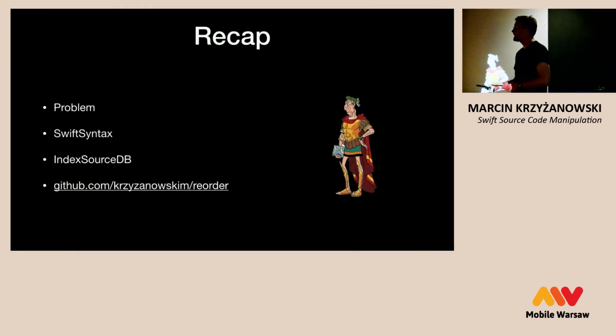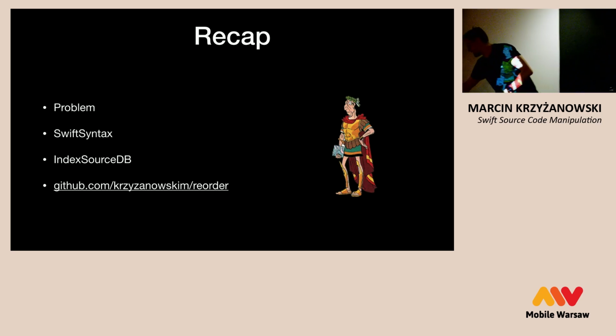All right, to recap, there was a problem with the order. I used Swift Syntax to solve the problem: parse, rewrite, and output. I used the IndexStoreDB to make it a bit smarter.